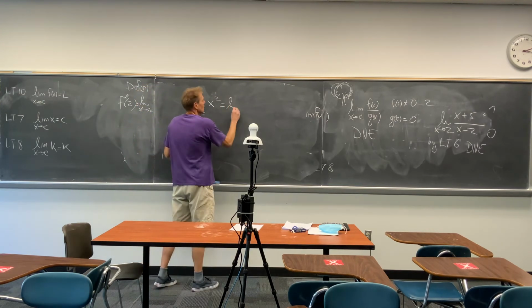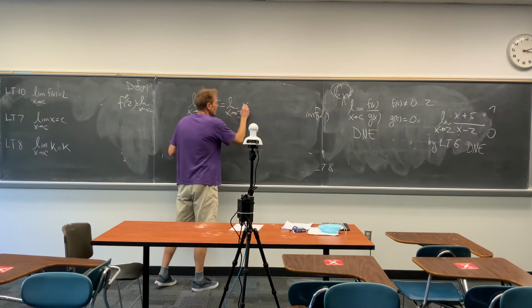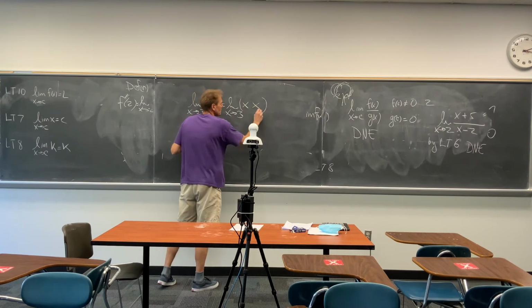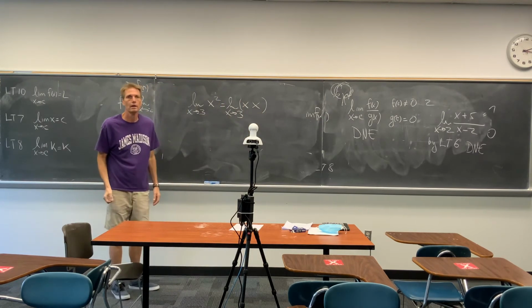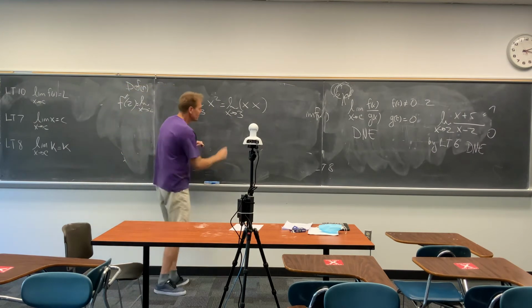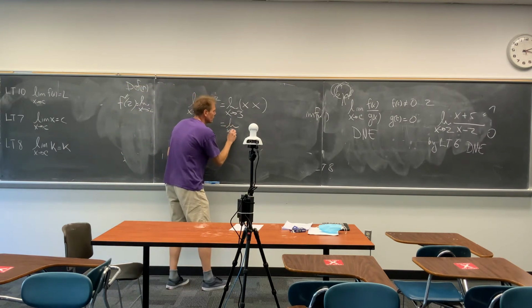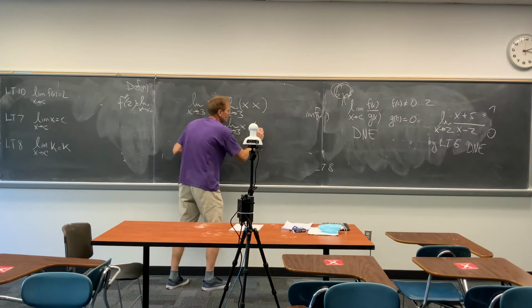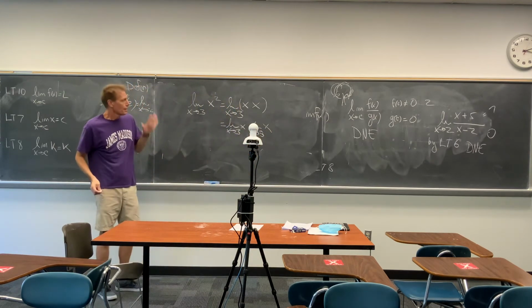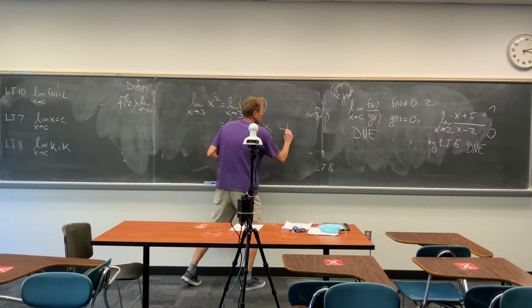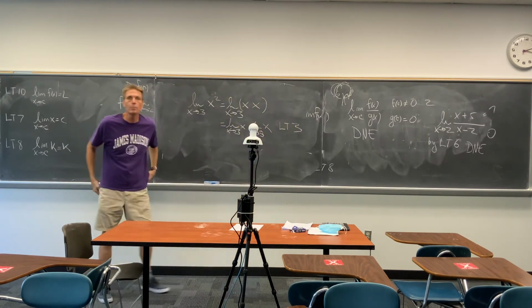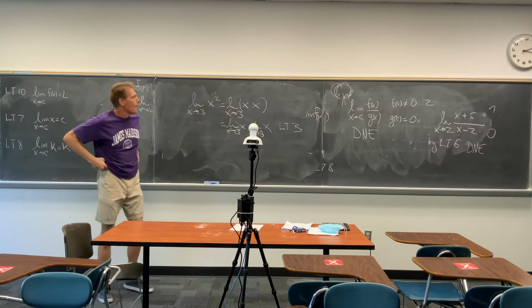This is the limit as x approaches 3 of x times x. But this is equal to the limit as x approaches 3 of x times the limit as x approaches 3 of x. Here's where I've used limit tool 3.